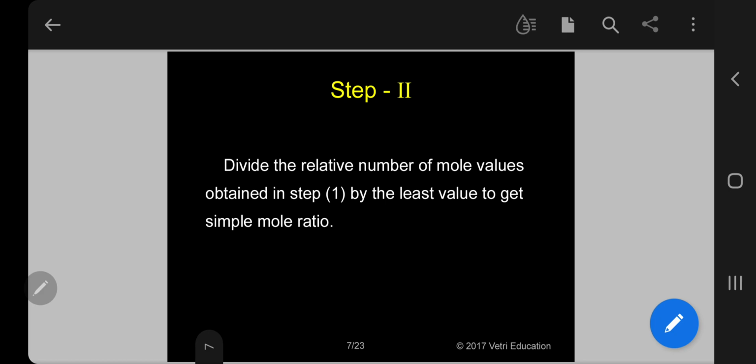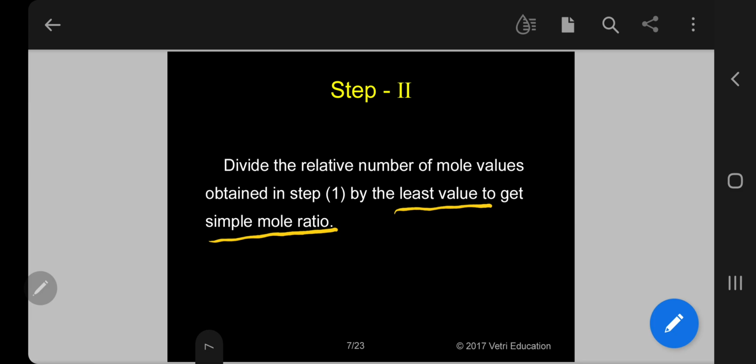Step 2, divide the relative number of mole values obtained in step 1 by the least value to get simple mole ratio. Suppose we have 3 elements.